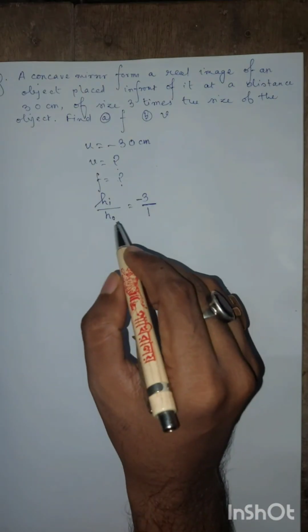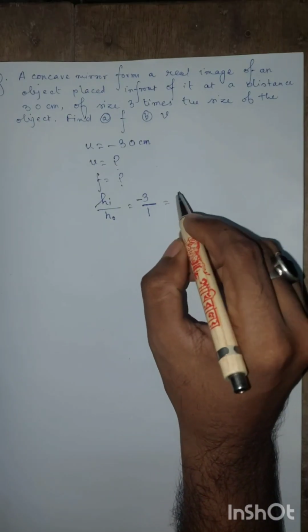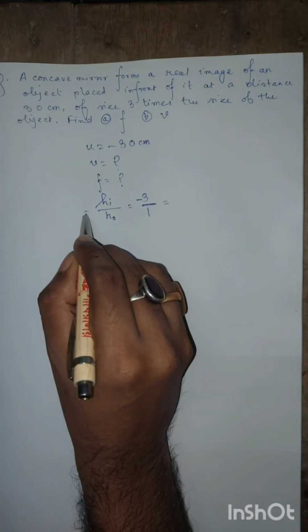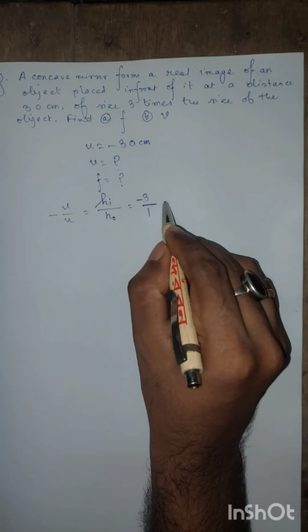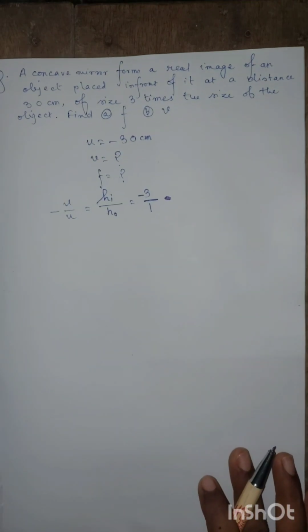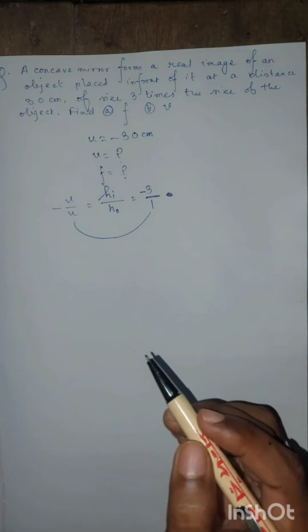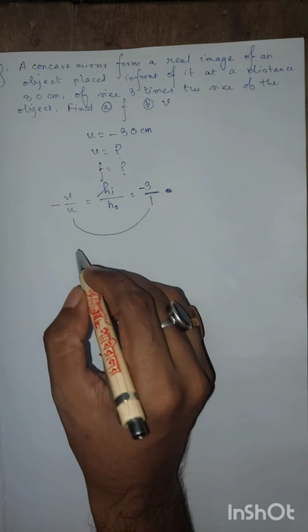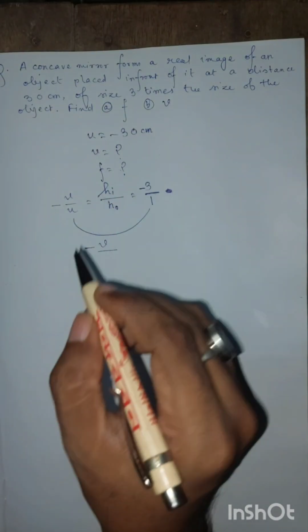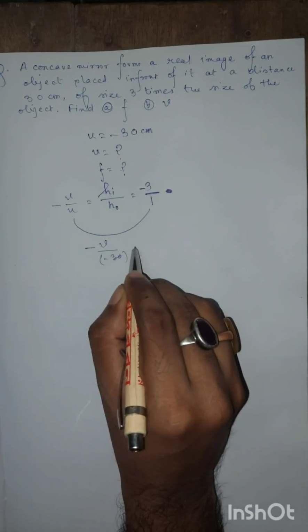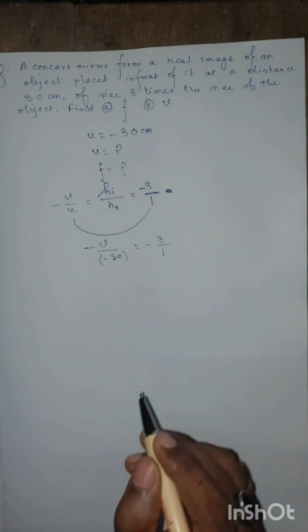Now this is also equal to minus V by U. So if we compare these two ratios, we can say minus V by U, where U is minus 30, is equal to minus 3 by 1.